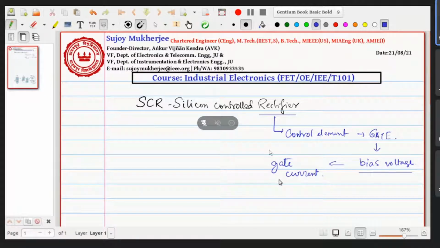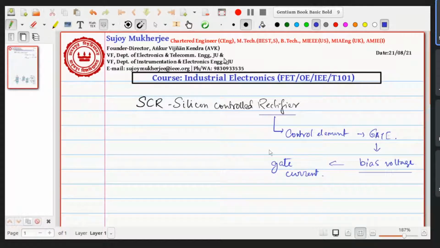Depending upon the gate current, we will find the voltage. I will represent the figures later: from anode to cathode, the device will try to conduct and the gate current will be flowing.